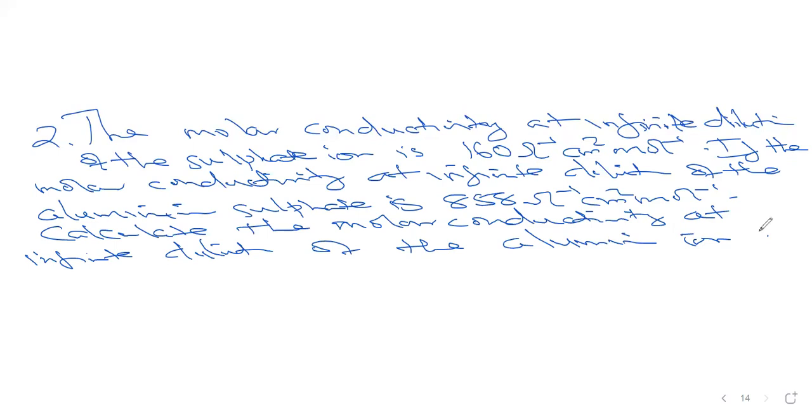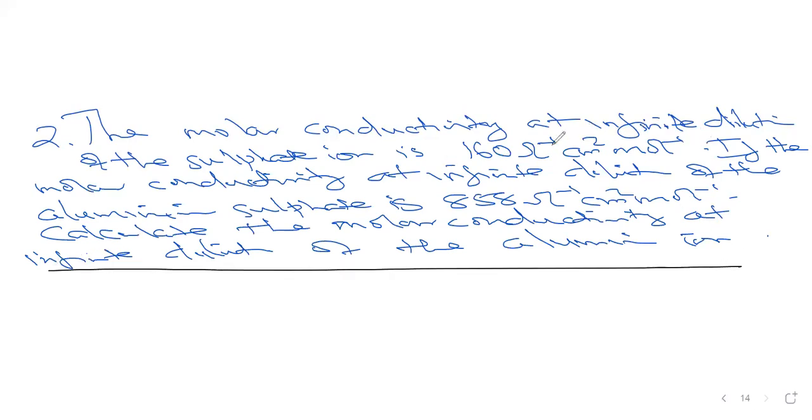This is a very good question, but it can be easily done. So what do we do? We are given the molar conductivity of the sulfate ion. We are also given the molar conductivity of aluminum sulfate. They want that of the aluminum ion. So you simply write our equation according to Kohlrausch's law.